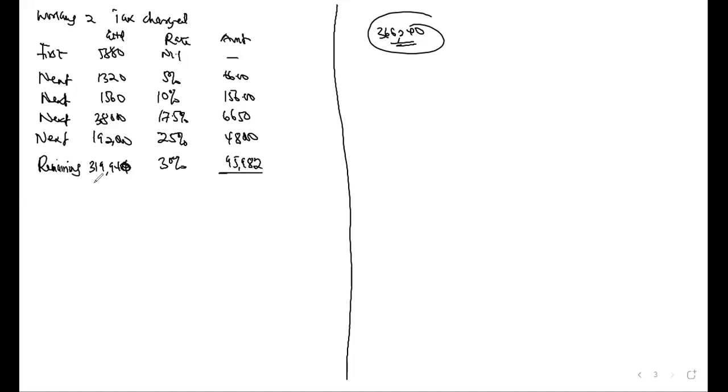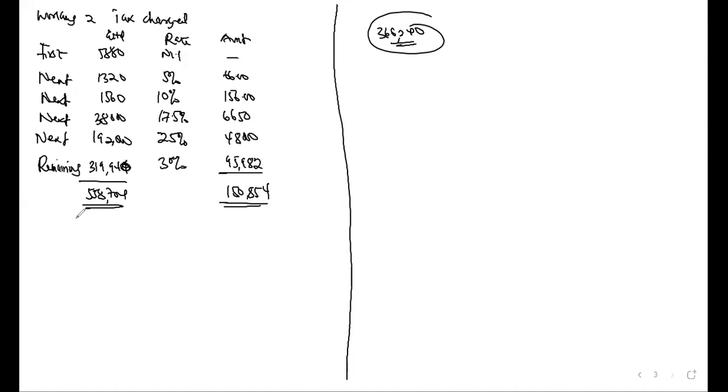So for 558,704, the total tax charge will be how much? You're getting 150,854.